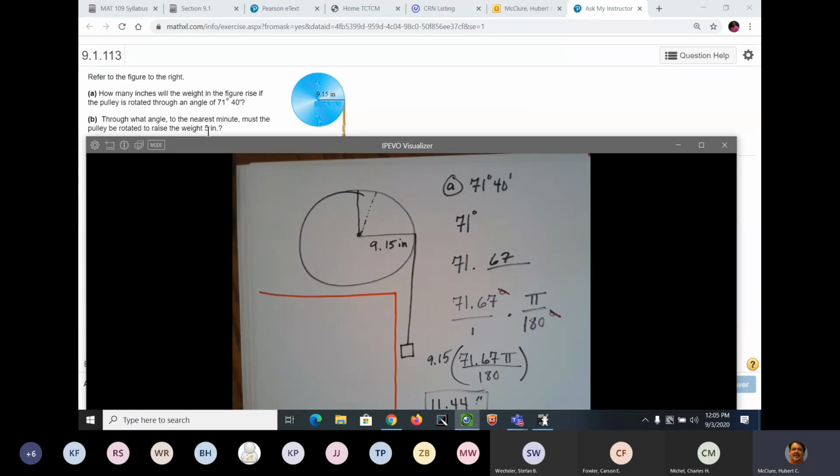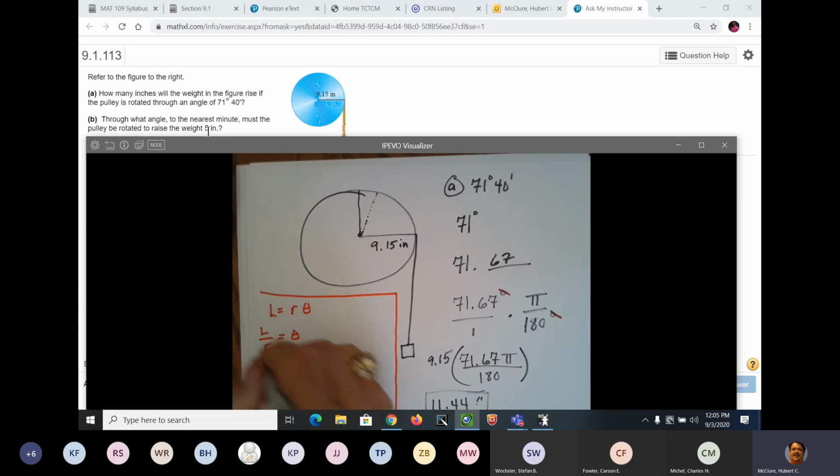Well, first of all, let's write down our formula. Arc length is equal to R theta. So if I want to find theta, theta is equal to L divided by R.